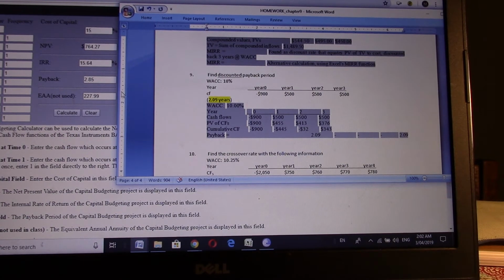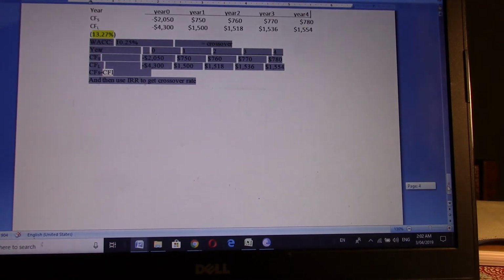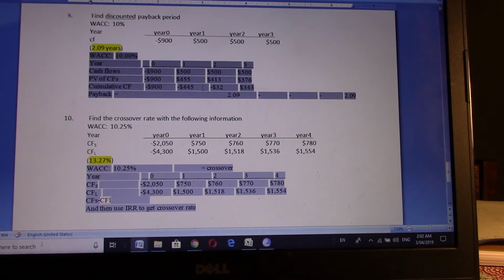For the discounted payback period, the first thing you should do is calculate the present value of each cash flow. The $500 you receive by the end of year 1 has a present value of $455. Use the PV function to get the present value. For year 2's cash flow, $500, its present value is $413.